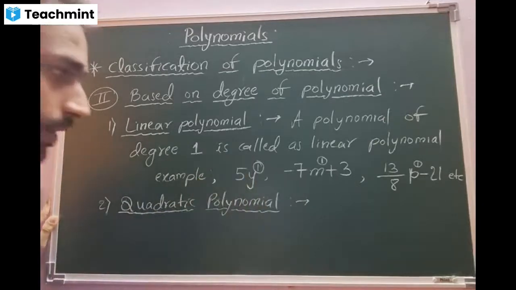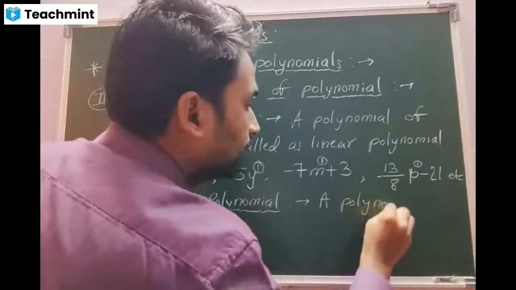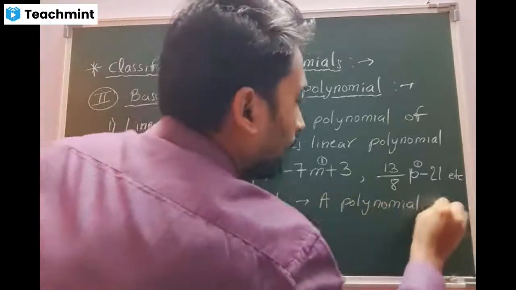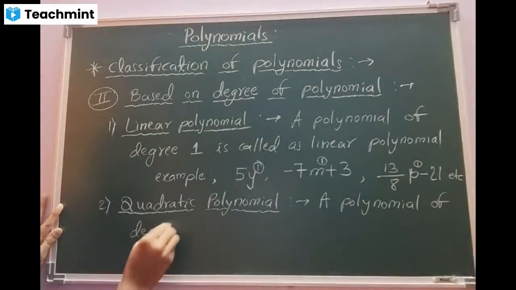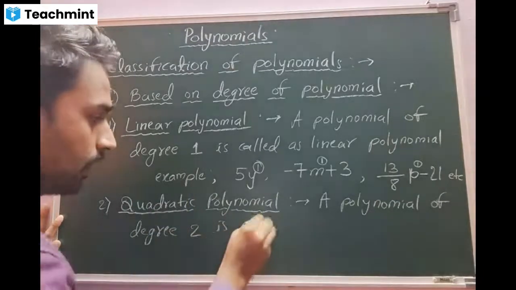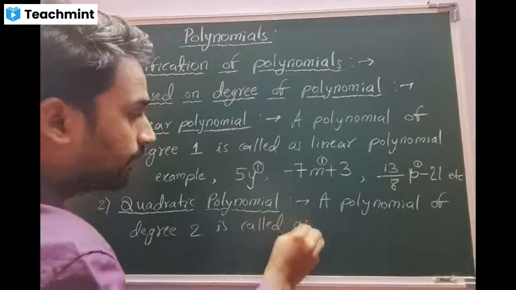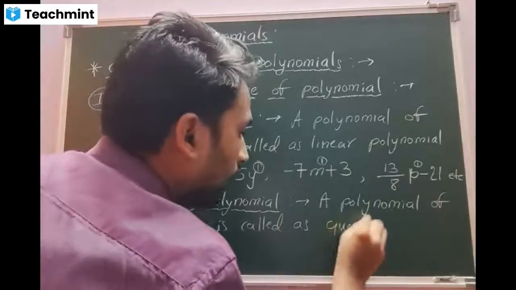Take down the definition, beta. A polynomial of degree, how much, beta? 2, sir. A polynomial of degree 2 is called a quadratic polynomial.